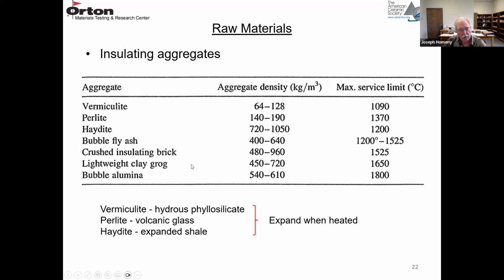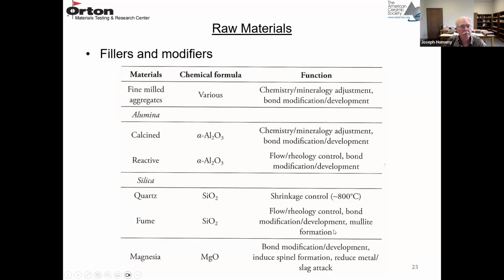Clay grog is good to maybe 1650 degrees C. And then the highest one here in terms of use temperature is bubble alumina. So it's a hollow alumina sphere that is good up to 1800 degrees C. So these are porous aggregates for insulation.